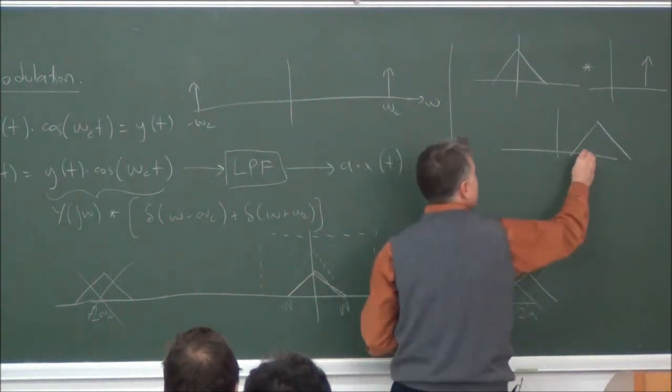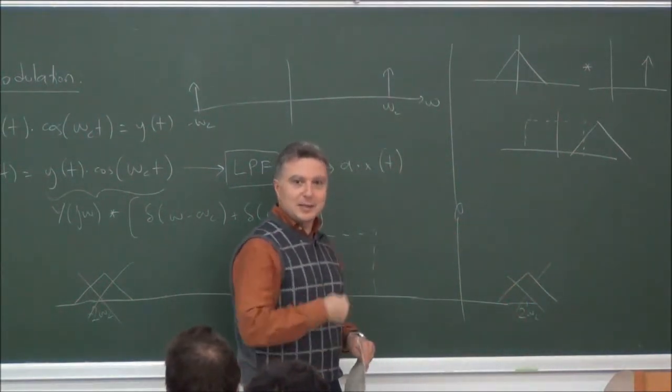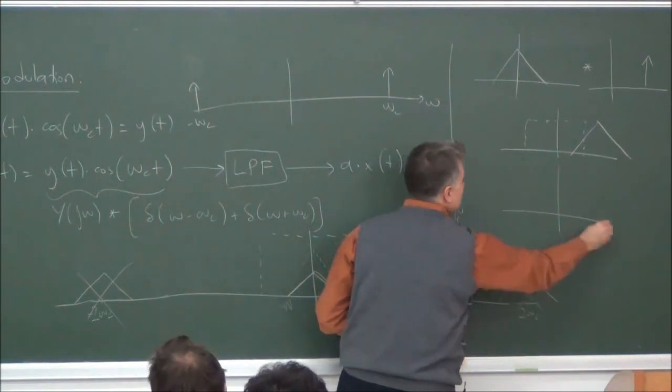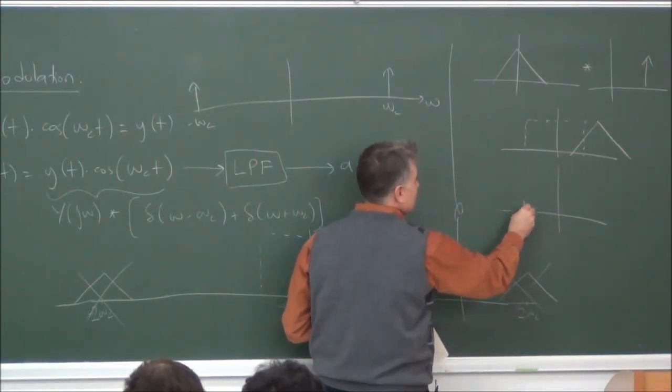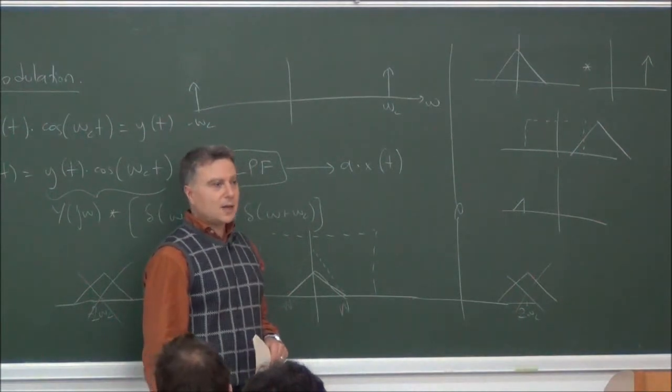Then you apply a low pass filter, for example, and then apply demodulation. What is the result? The result is a weird tail of this triangle that comes from here.